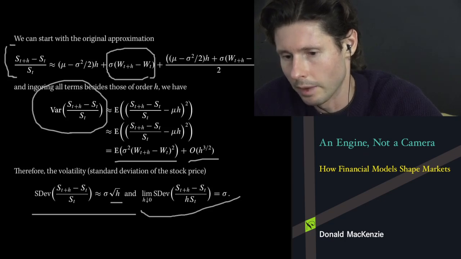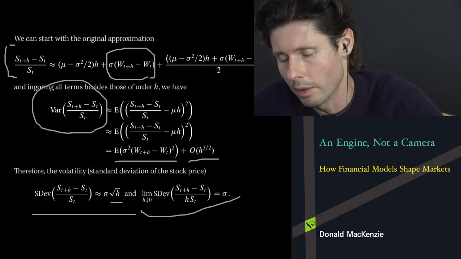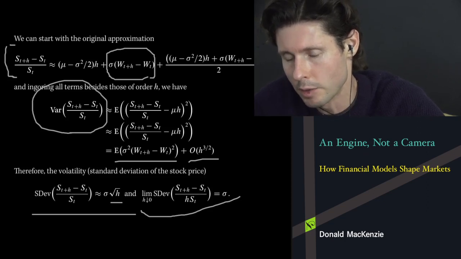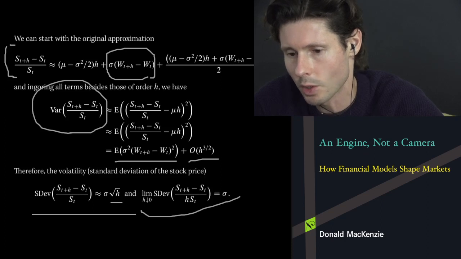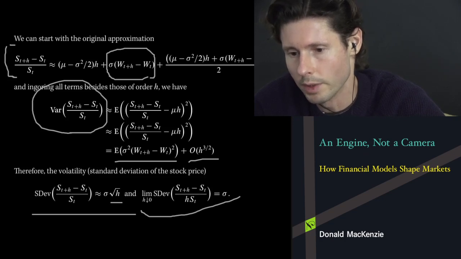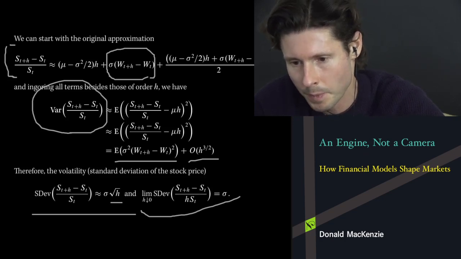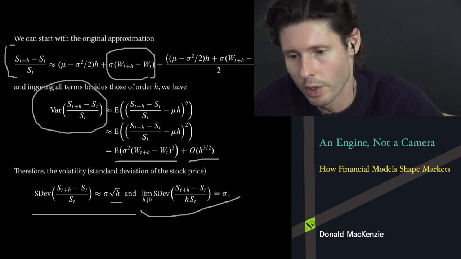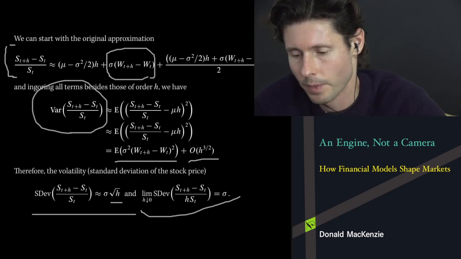And sigma is really like an instantaneous volatility, and it needs to be scaled by the proper time interval on which this is happening. In fact, the square root of that time interval. And this is where the property of the Brownian motion increment becomes important. The fact that when you multiply the increment by a square root of h, the variance is then h.